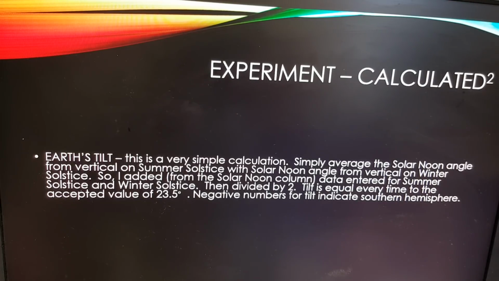And we'll see in a minute that tilt is equal every time to the accepted value of 23.5, for every single city that I used. When the tilt is negative, that means that the city is in the southern hemisphere.